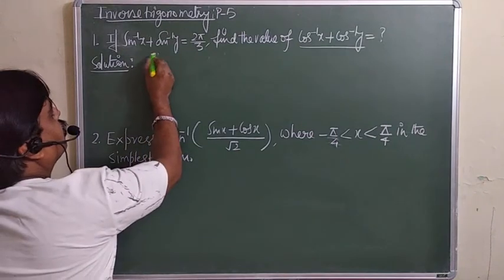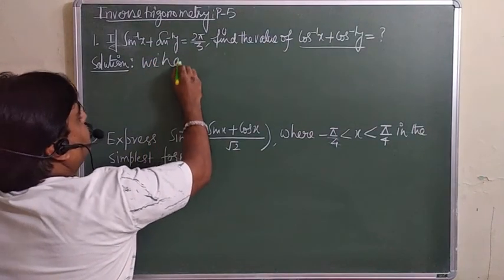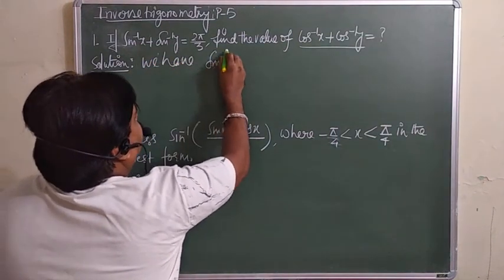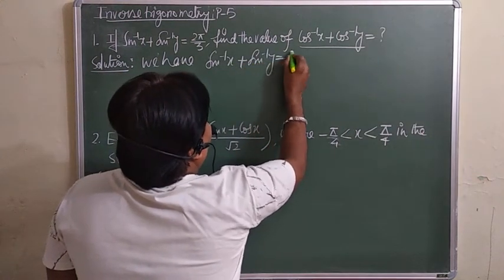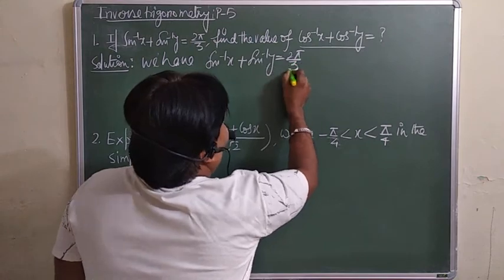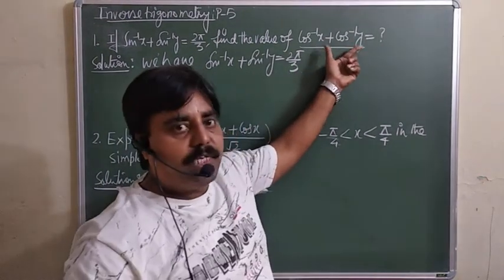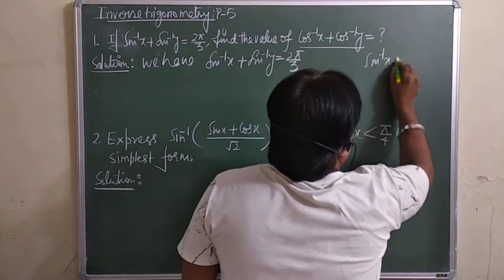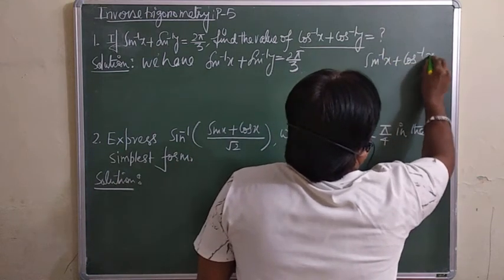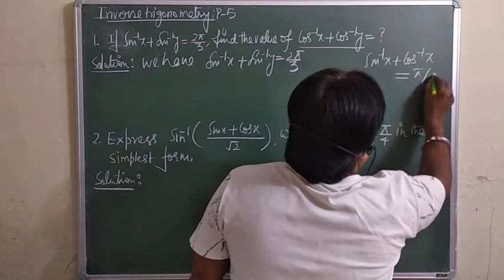See. So we have sin inverse x plus sin inverse y is equal to 2 pi by 3. We want to find the value of cos inverse x plus cos inverse y. We already know that sin inverse x plus cos inverse x is equal to pi by 2.